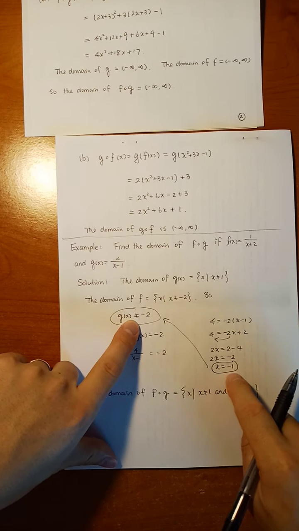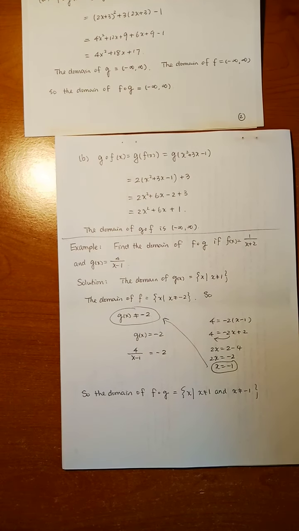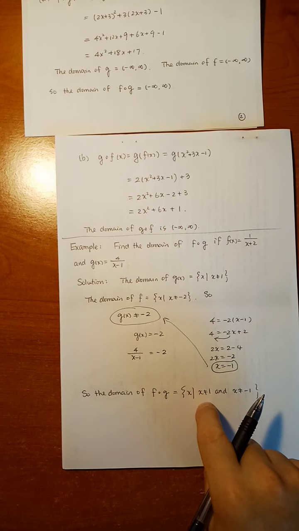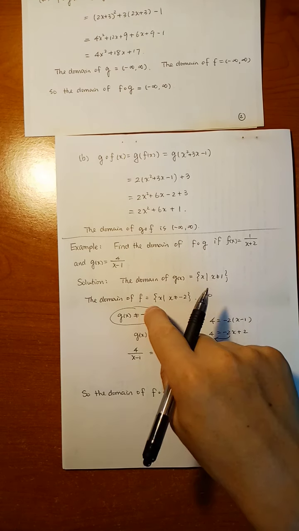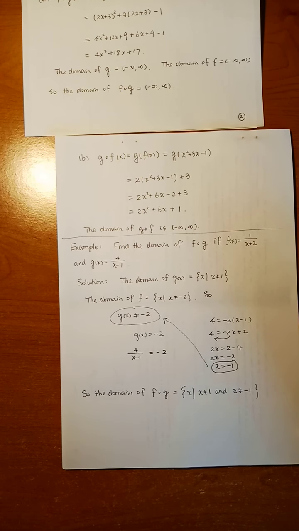We have to exclude this solution. So this is how we find the domain of a composite function: it satisfies the domain of g, and it also satisfies that the range of g is inside the domain of f. Okay?